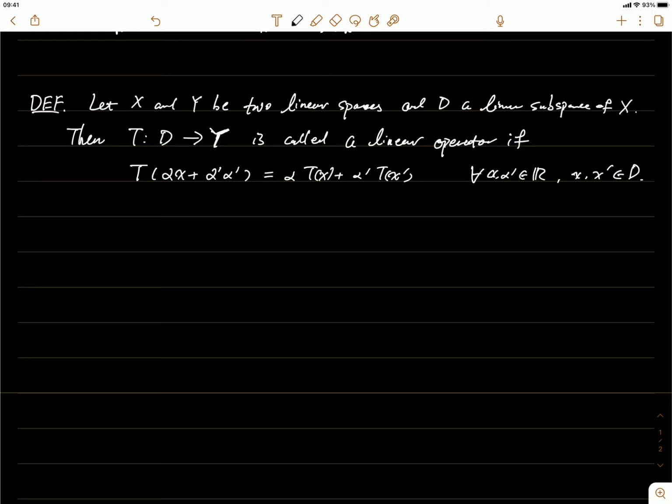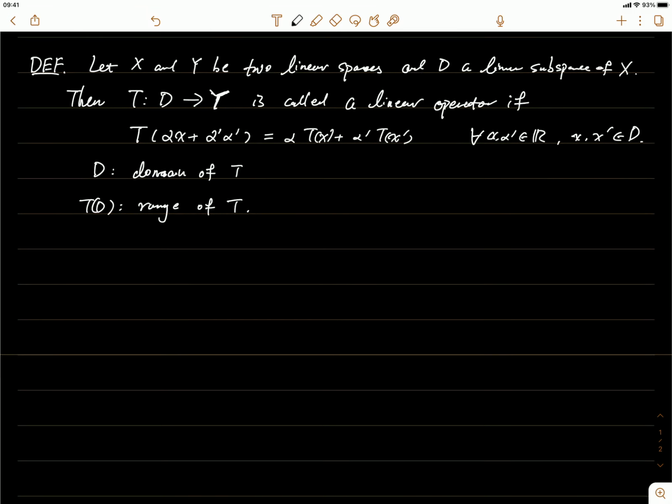In this case, D is called the domain of T, and TD is called the range of T, or sometimes you can call it the image of D under the linear operator T. Okay, so that's the definition.